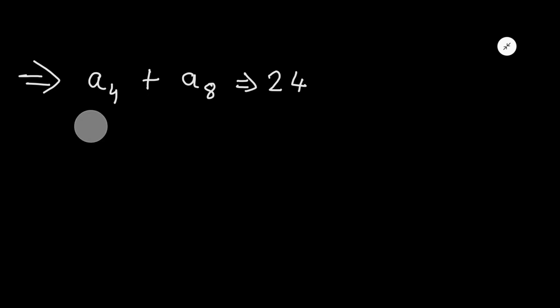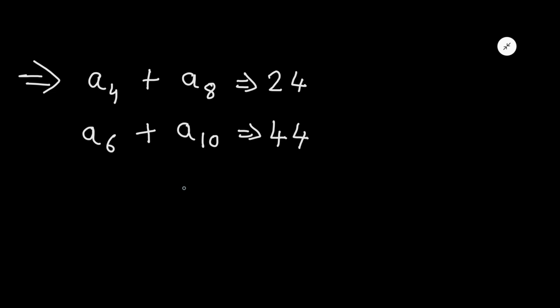So the solution is, as the sum of fourth and eighth term is given as 24, and the sum of sixth term and the 10th term is given as 44.